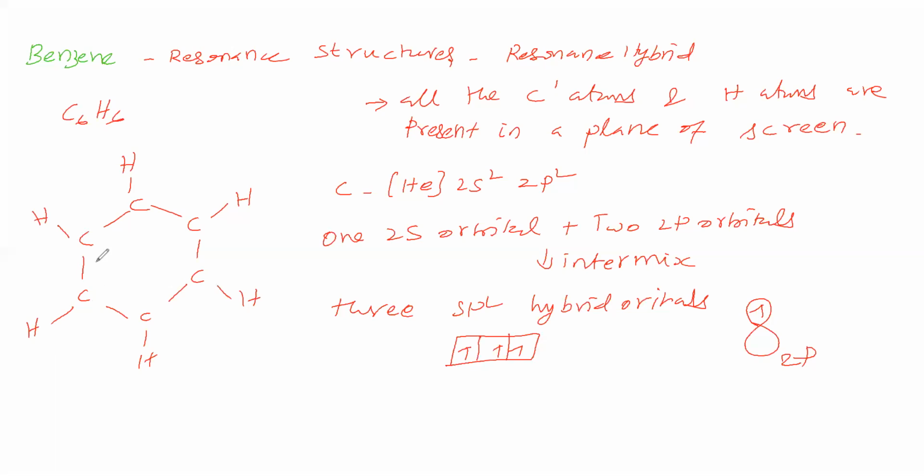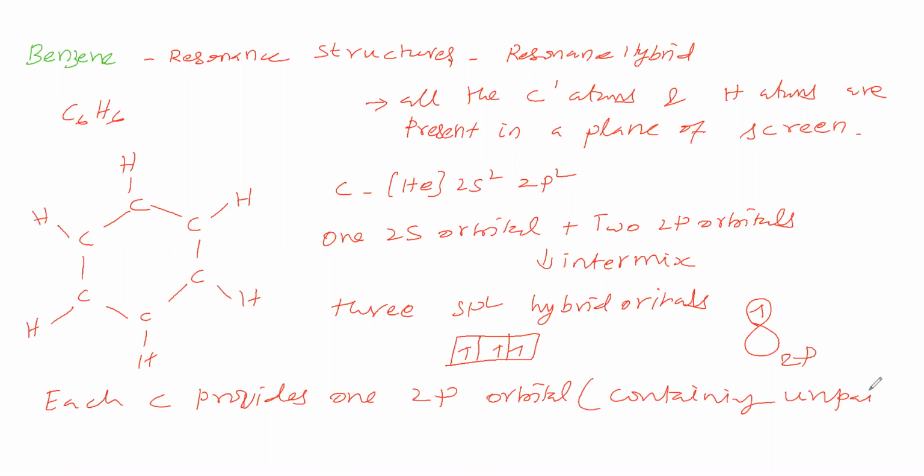Now in this benzene, each carbon provides one 2p orbital containing an unpaired electron, which is perpendicular to the plane, the plane meaning the screen.